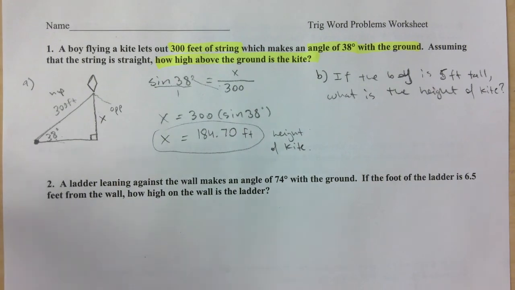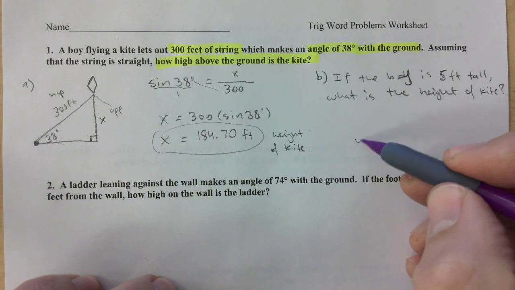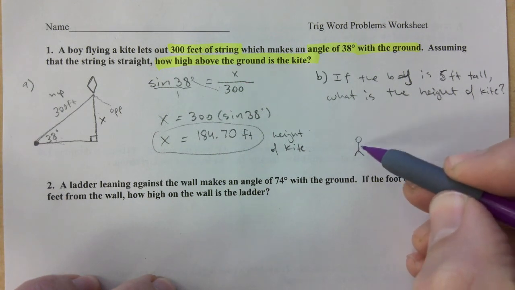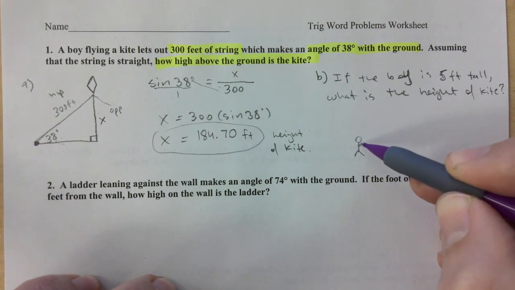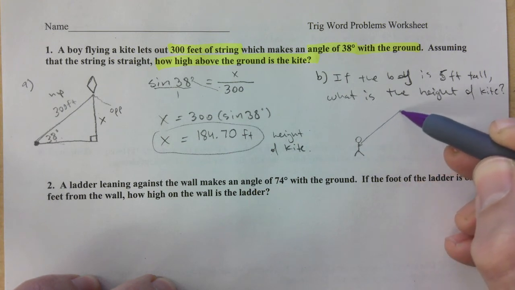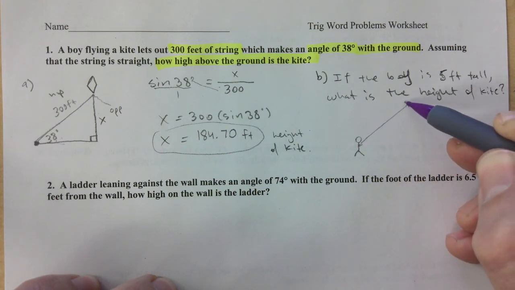So what if they added an element where this is the boy holding the string, and your kite is here?